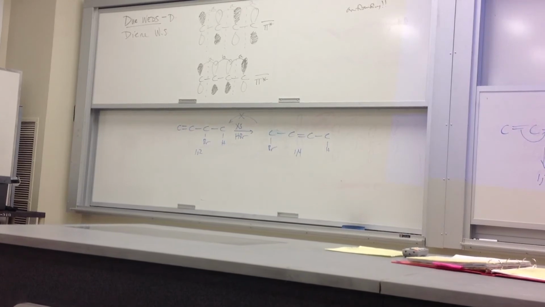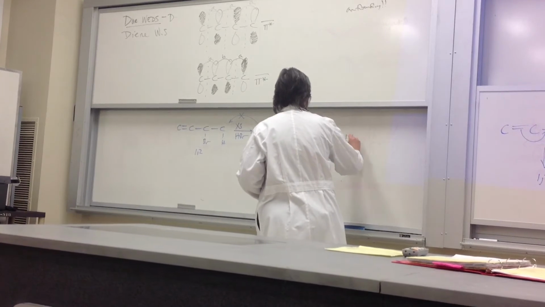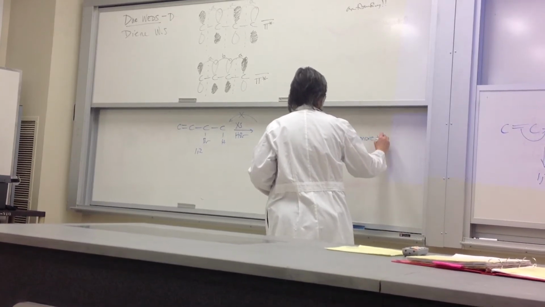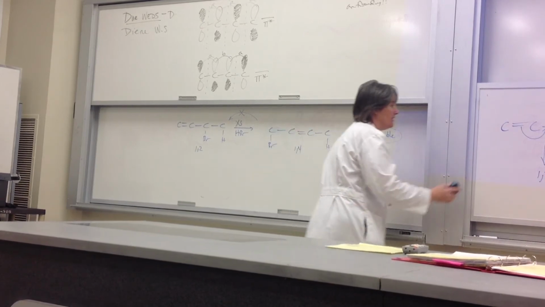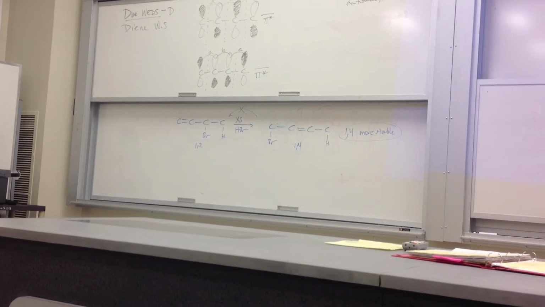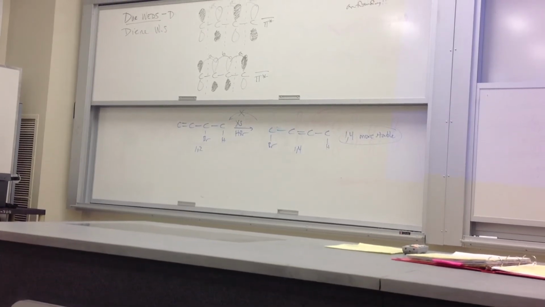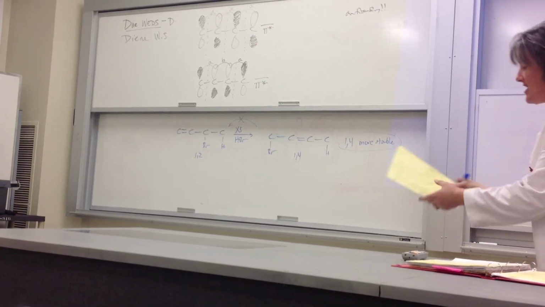It's more stable. Right, I can turn things into it, but I can't go backwards. So the 1,4 is more stable. That's going to be important for a graph we're going to build in just a minute. Now, when we talk about how it's temperature dependent, all right, we're going to build a chart. Leave yourself space.